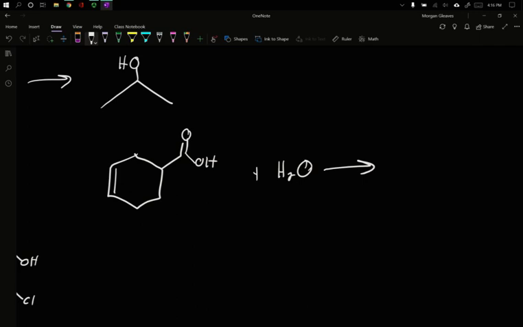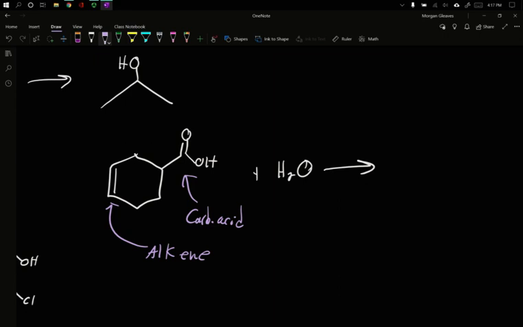First thing is to look at my functional groups. Well, there's a carboxylic acid, and there's an alkene. Do either of those react with water? Well, we just said yes with the alkene. If we think about our carboxylic acid reactions, none of them reacted with water.